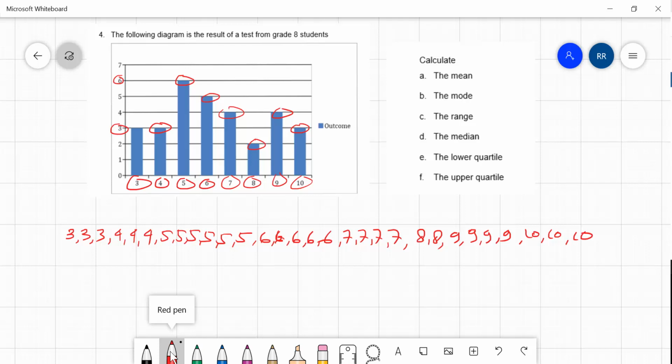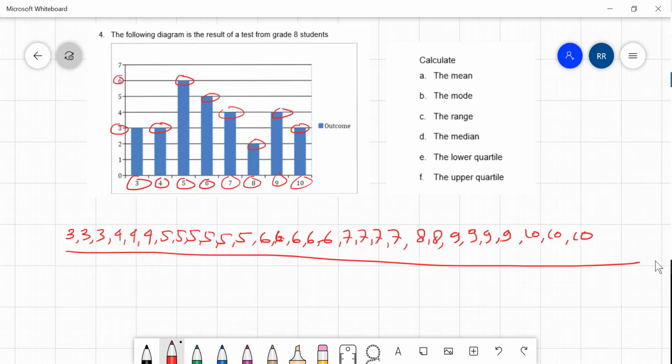The first thing we're going to calculate is the easiest one. The mode and range are quite easy. The mode is just the data which comes up the most. You don't really need to see it from this list, guys. You can see it from the graph.